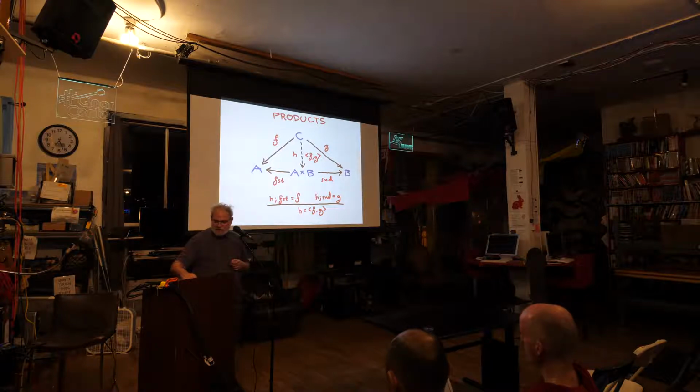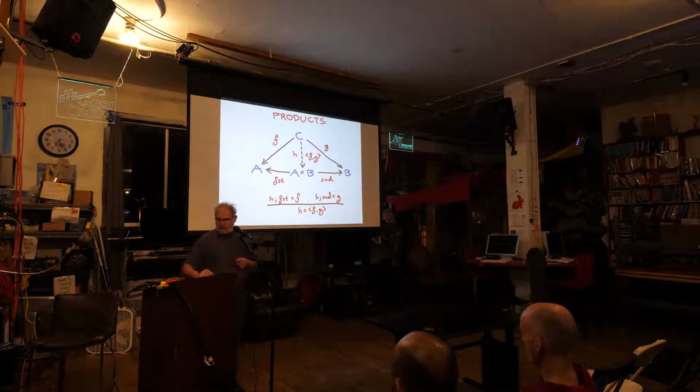So h goes from C to A times B, and h followed by first is the same as F, and h followed by second is the same as G. I've written this out as two things above a line, and this is just a conditional equation. It says if all the equations above the line hold, then the equation below the line holds. So if h followed by first is F, and h followed by second is G, then h is the same as bracket FG.